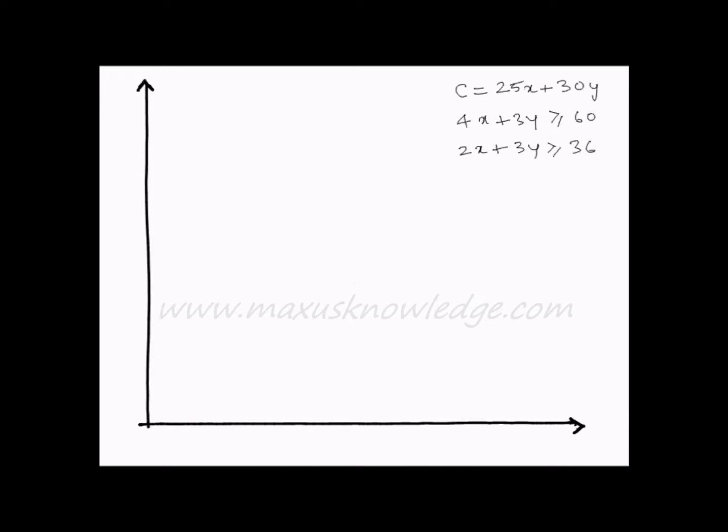Now to plot the graph for these two inequalities, let us assume that the horizontal axis, which is the x-axis, represents the quantity of melt 1, and the y-axis, which is the vertical axis, represents the quantity of melt 2.